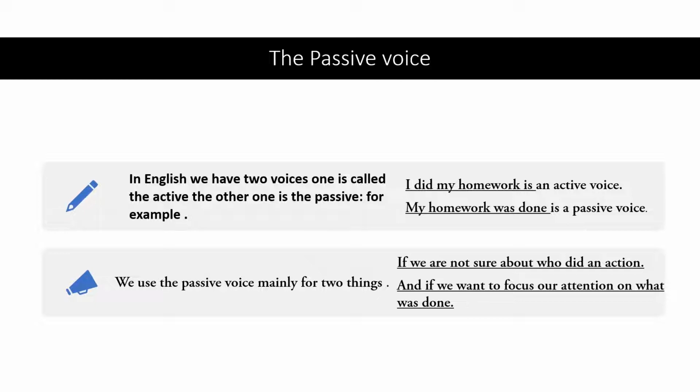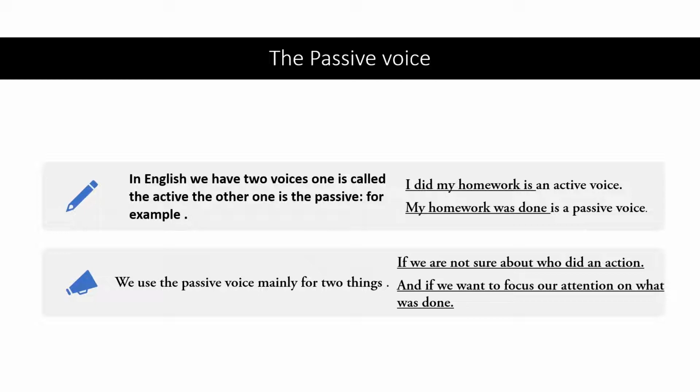Good. So before we move to how we change from the active to the passive, let's see why we use the passive voice. We use the passive voice mainly for two things. There are other uses, but we will just stick to these two important ones. The first one, if we are not sure who did the action.